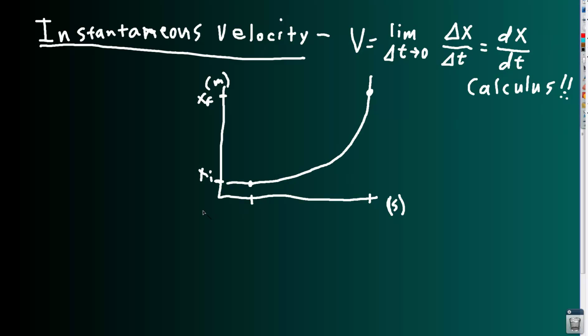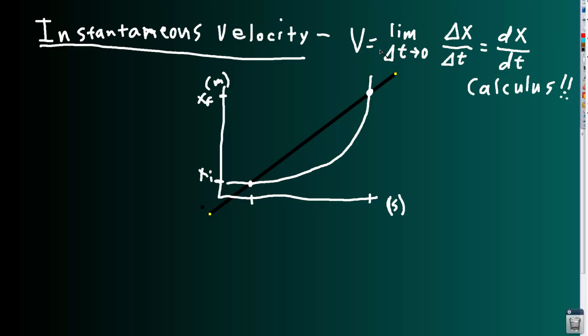And that line would look like, oh, I messed up. Let's start over about here. There we go. Alright, so the average velocity between these 2 points is the slope, remember, of this line.